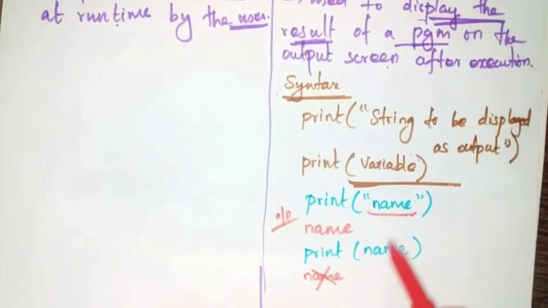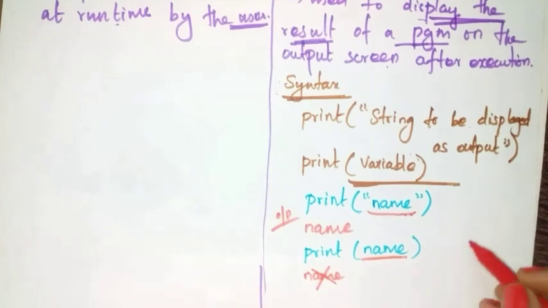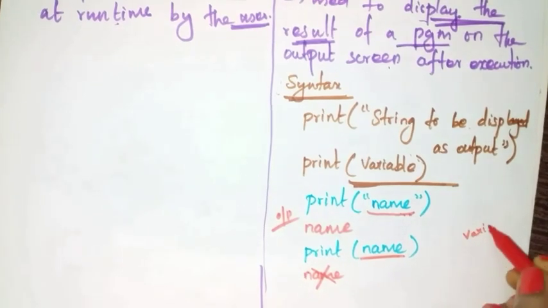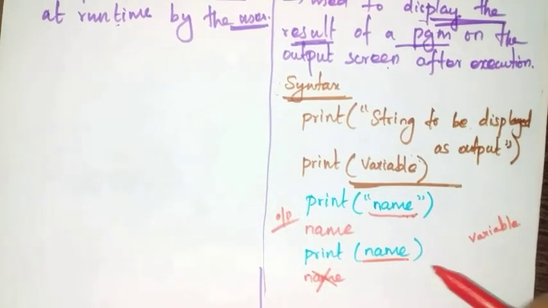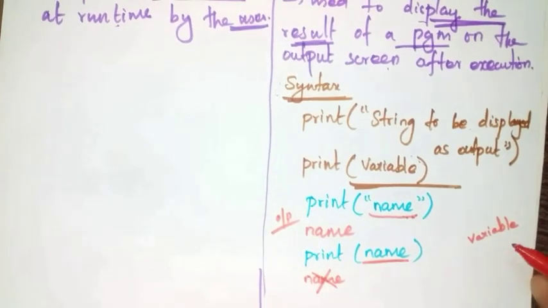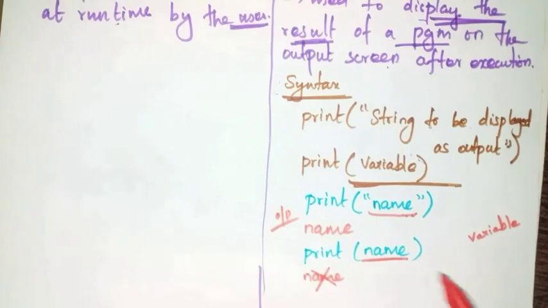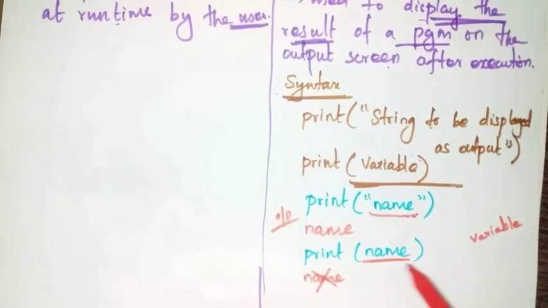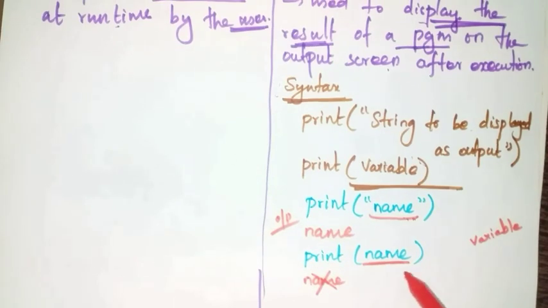Here double quotes are not given, so this is called a variable. This is not a string, this is not a message, this is called a variable. So this variable has some value. This name has some value, and here it prints that value on the output screen.